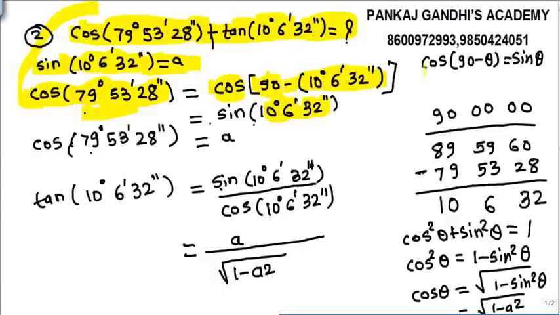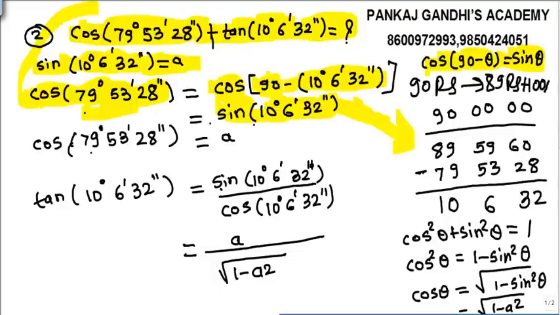We also know that cos of 90 minus theta is equal to sin theta. So this is sin of 10 degrees 6 minutes and 32 seconds. Now I'll explain how we got this value. 90 rupees can be written as 89 rupees plus 100 paisa.